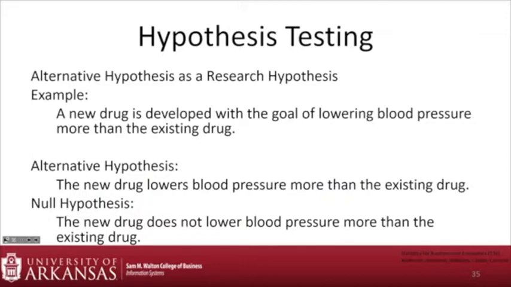A new drug is developed with the goal of lowering blood pressure more than the existing drug. Okay, so we have our alternative hypothesis and our null hypothesis. Again, let's assume that the way we're going to determine this is by using the means. So we have the mean of my new drug and the mean of my old drug.